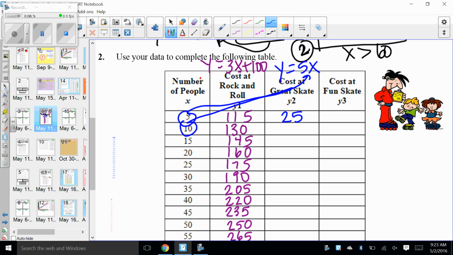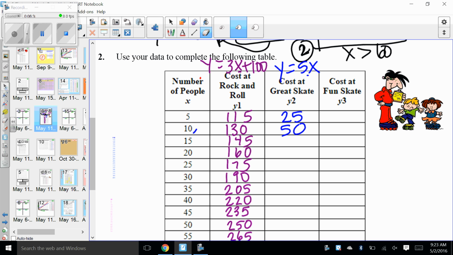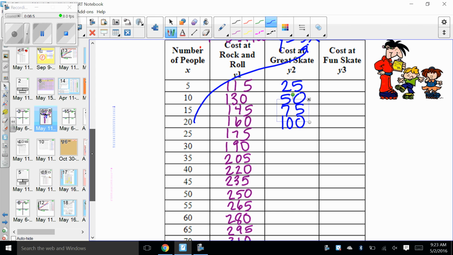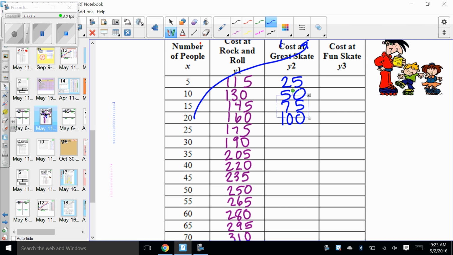We bring 10 people, 10 times 5 is $50, and so on. And just keep on going down. So we bring 15 people, 15 times 5 is $75. We bring 20 people, 20 times 5 is $100, and you maybe start to see the pattern that we're increasing by $25 every time because it's $5 for 5 people.